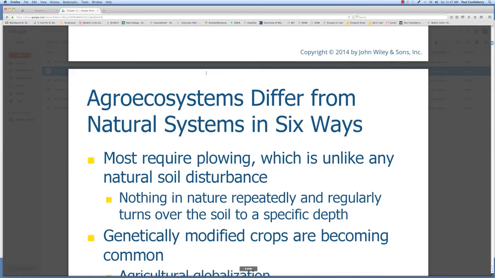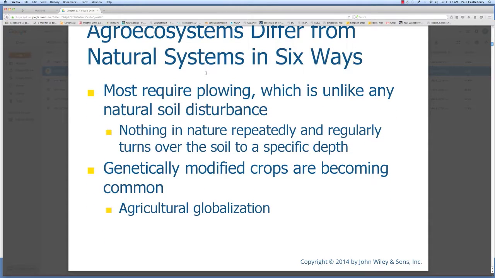Another way that it differs in agroecosystems, most of it requires plowing, although that particular idea of plowing is now beginning to be replaced by what we call no-till farming. And again, I'll mention that here in just a few minutes.